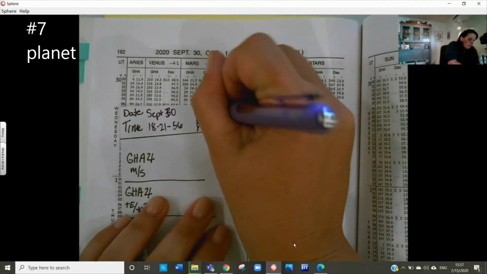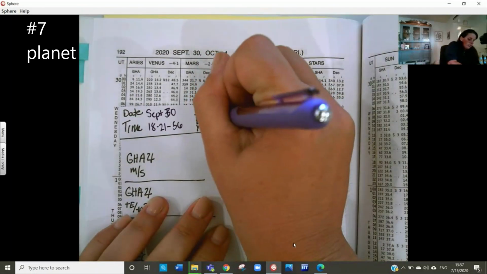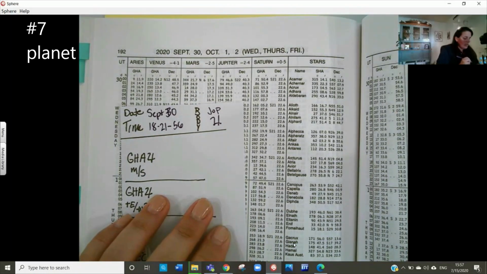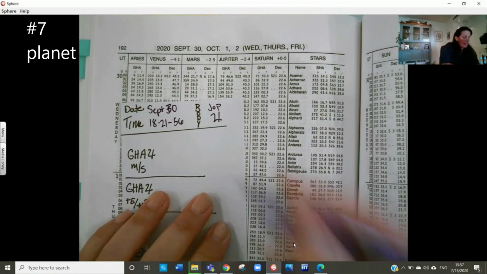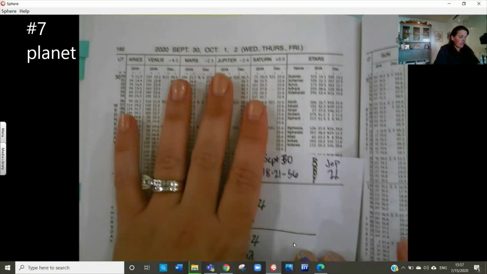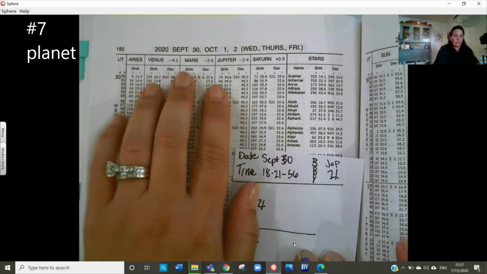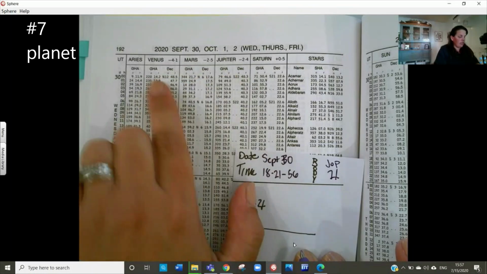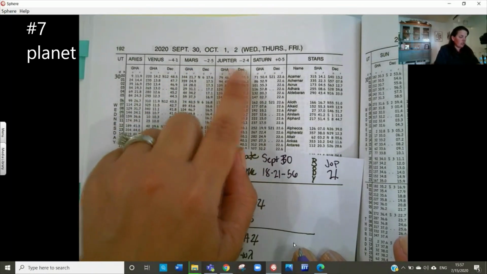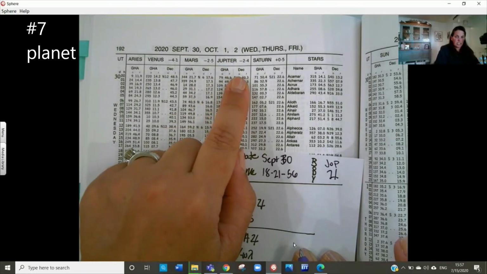This is the symbol for Jupiter. You don't have to use those, but Jupiter is going to be on the left side pages with our 4 navigational planets. We have Venus, Mars, Jupiter, and Saturn. So under Jupiter, we have our GHA and our declination.